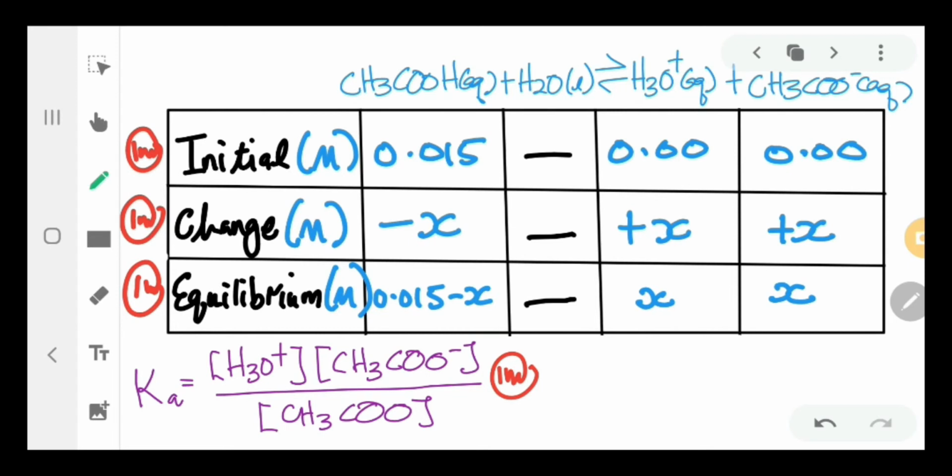Another very important characteristic for the calculation here is that we have an assumption that you need to make, and it's very, very important.